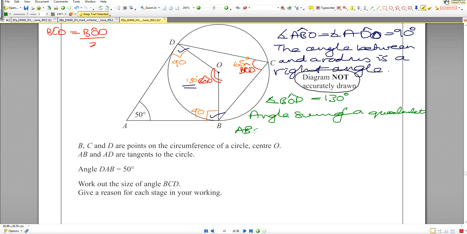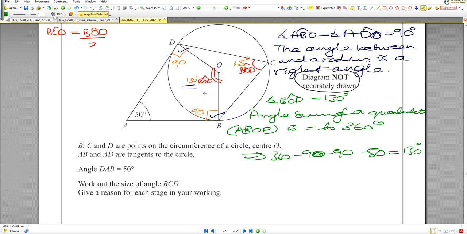Quadrilateral ABOD is equal to 360. Therefore, 360 minus 90 minus 90 minus 50 is equal to 130. So now we've explained that. So we explain this, this, and this. One more bit to explain the actual answer.